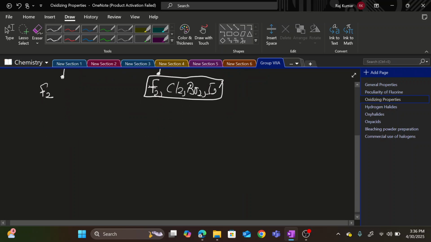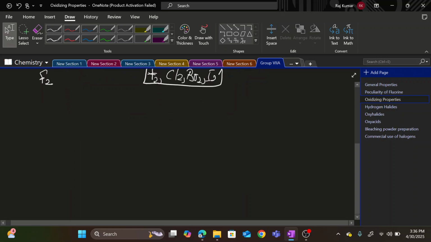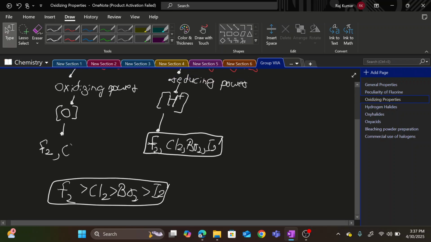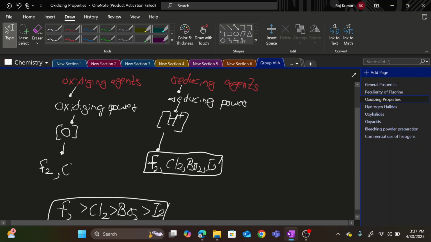Now let's take the power of the reducing agents. Reducing agents have the order of strength of reducing power from fluorine to chlorine, bromine and iodine. By the way, halogens can act as oxidizing agents as well as reducing agents.